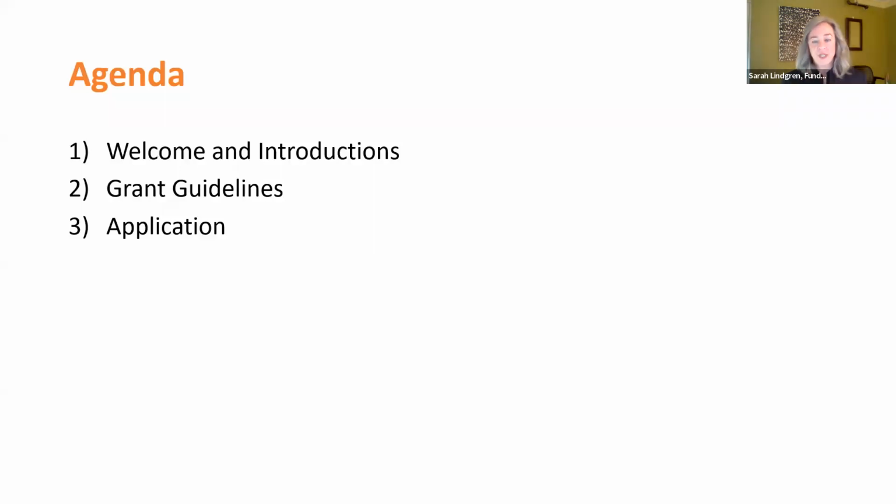The application content is basically the same with some simplifications that we'll walk through today. So that process, again, we gathered information last fall. We presented some recommendations to our Community Impact Committee and to the board this spring. And those recommendations were approved. So I just wanted to give that context before we started.